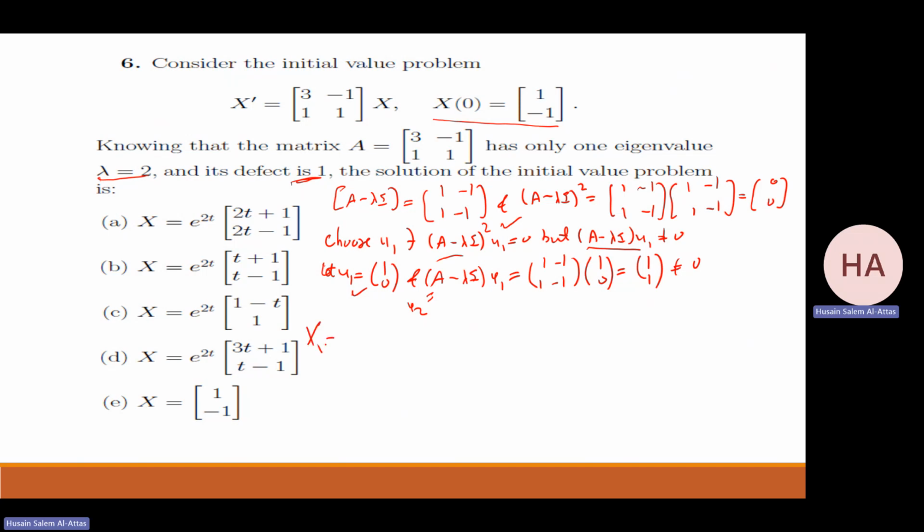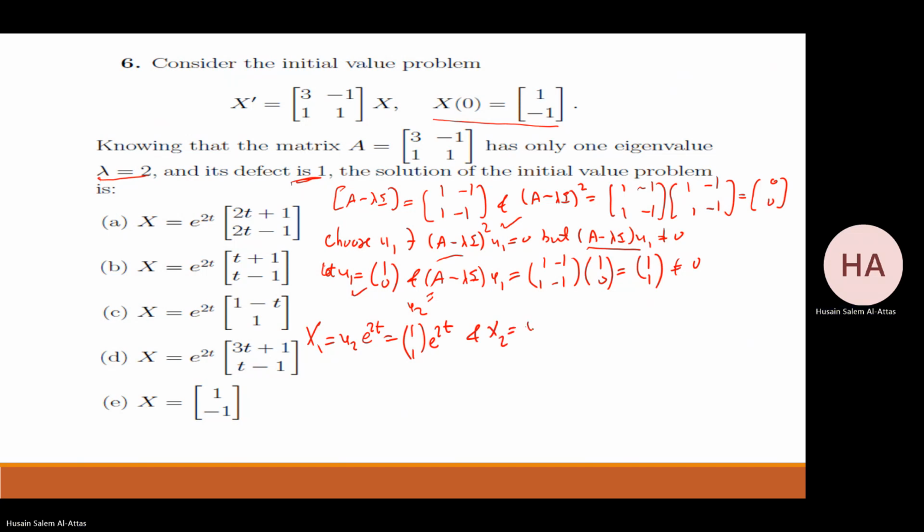So my first solution will be U2 times e to the power 2t, and that will be 1, 1 times e to the power 2t.